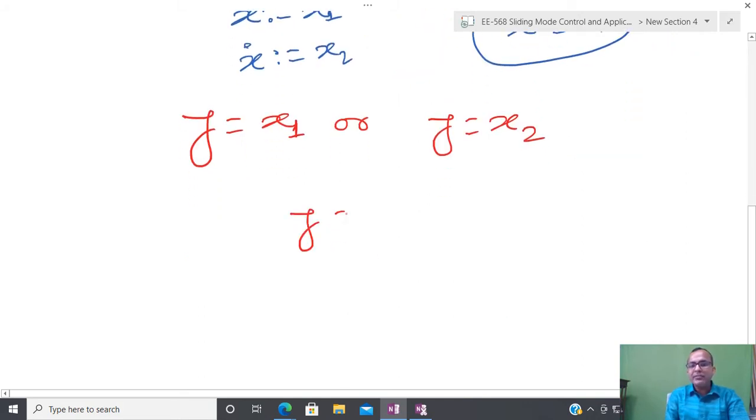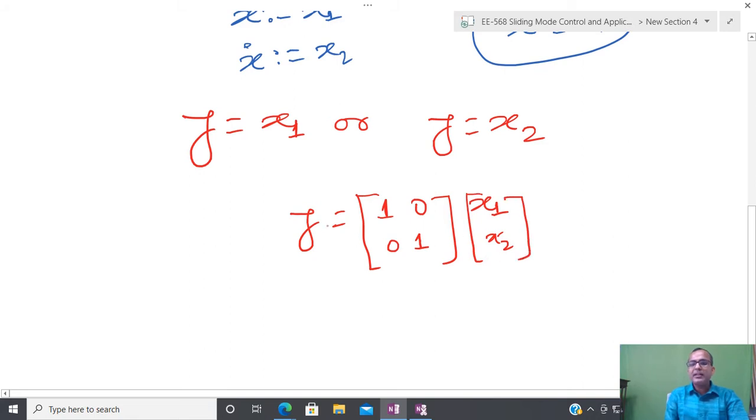At that time we write y equal to [1 0; 0 1] times [x1 x2]. You can see in this representation that this is a 2 cross 2 matrix and this is a 2 cross 1 matrix, so finally this is a 2 cross 1 matrix. So I have two different measurements, and I can also write this measurement as x1 and x2. So I have three different kinds of situation.